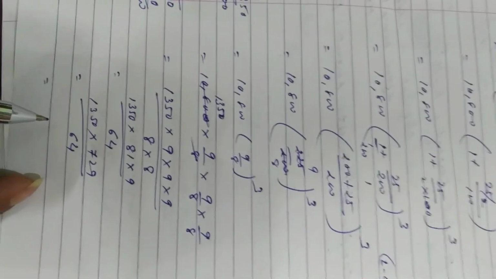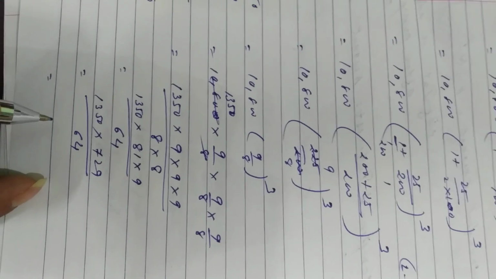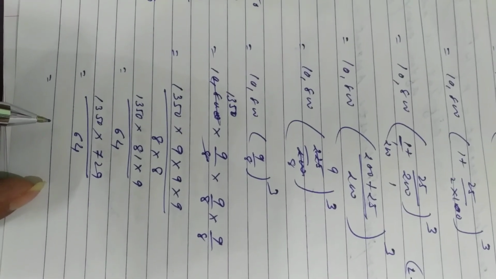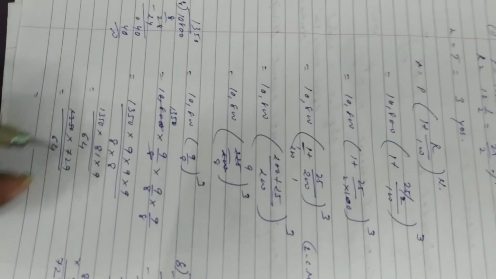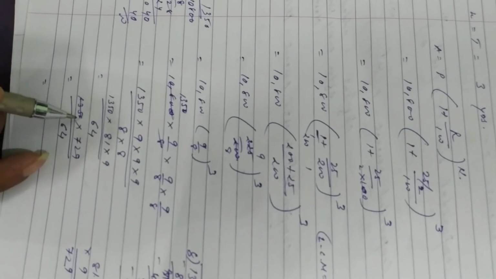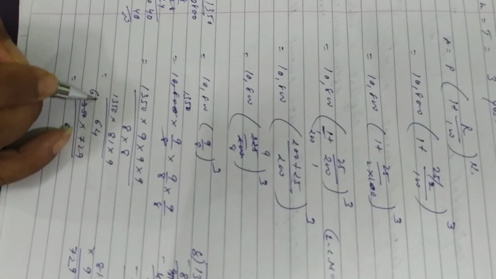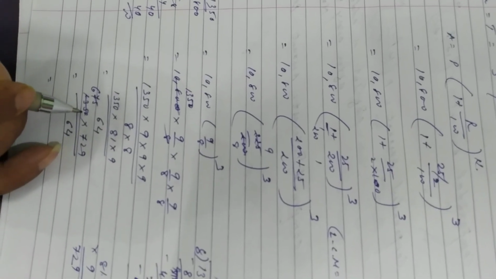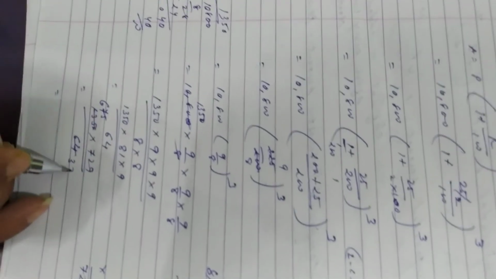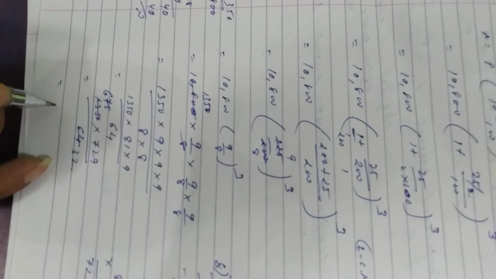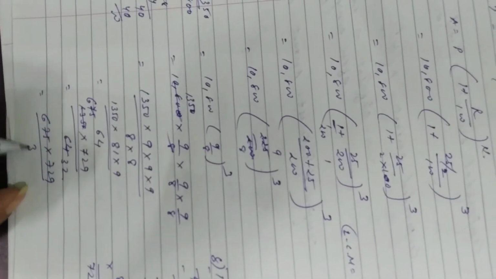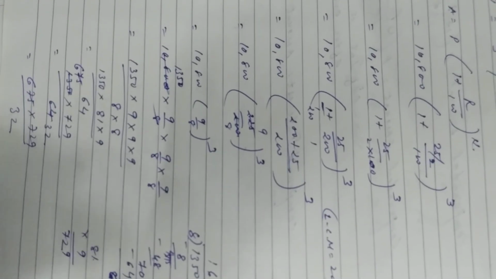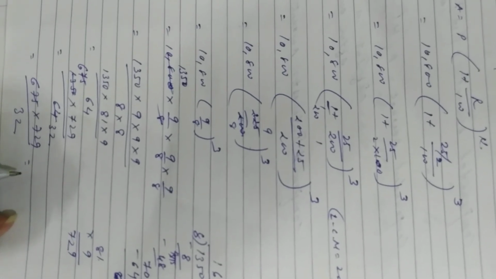So now it can be divided by 2: 1350. 675 twos are 1350, and 32 twos are 64. So what remains is 675 multiplied by 729 upon 32, right?